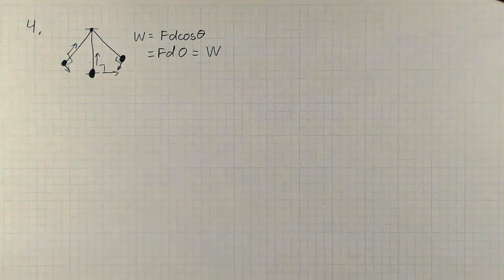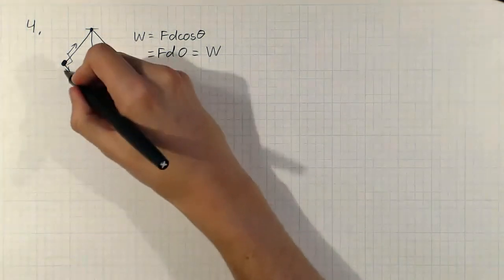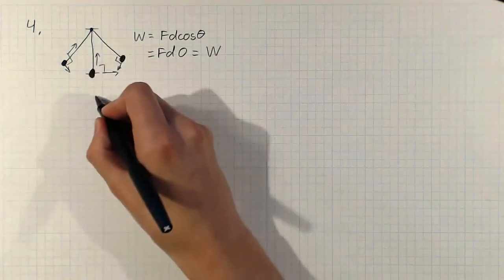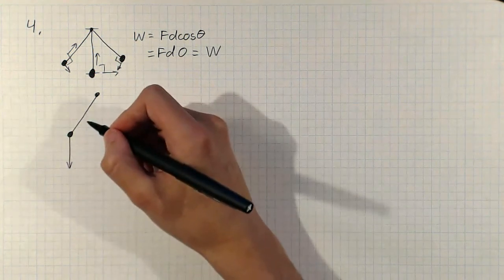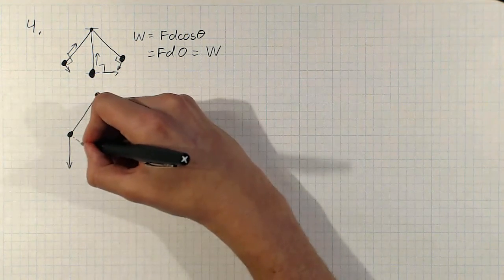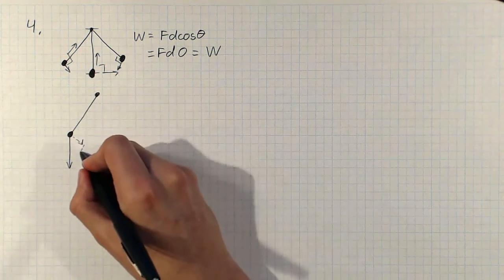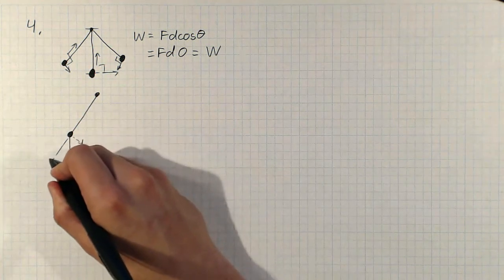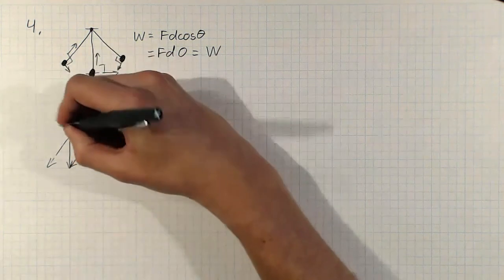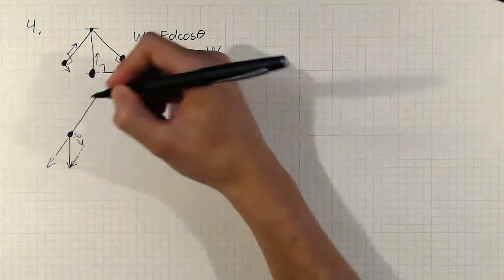Now the next part asks if the gravity does work on the pendulum. If we look at the gravity, say up here, I'll redraw this. The gravity is acting this way. Now if we split this up, we get this and this. This vector is perpendicular to the motion of the pendulum because the pendulum is moving this way.